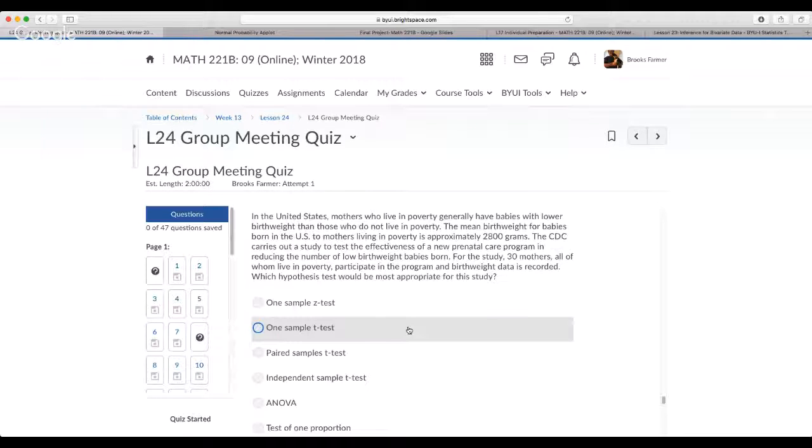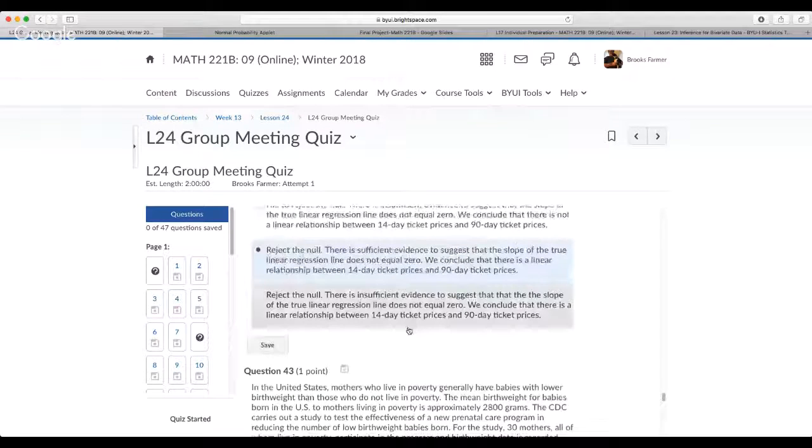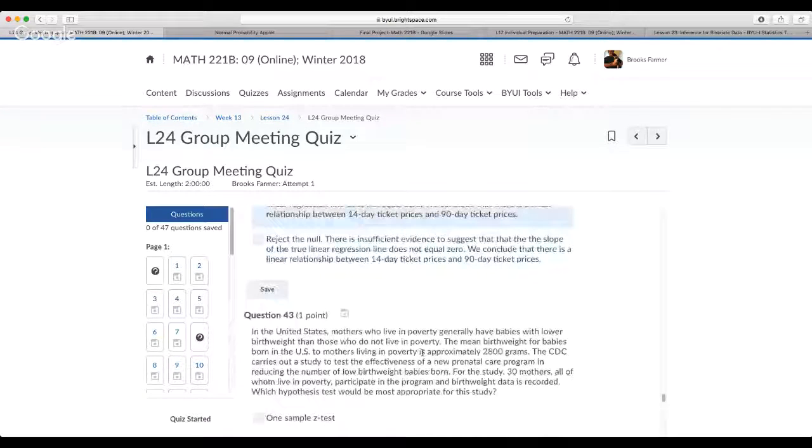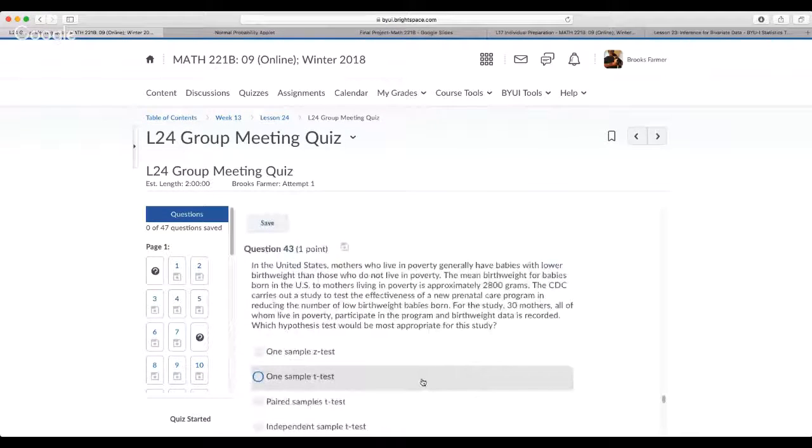Did you guys already do 42? Didn't we say it was C? Or maybe I skipped that. So I'm thinking, isn't this a paired sample? Or maybe not.